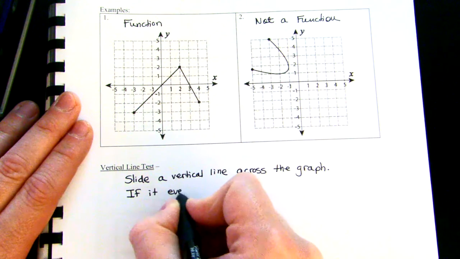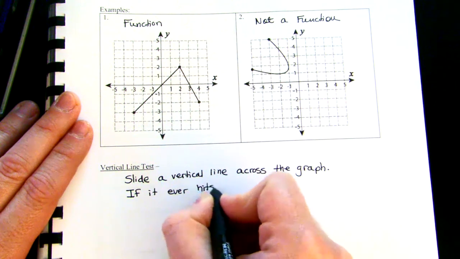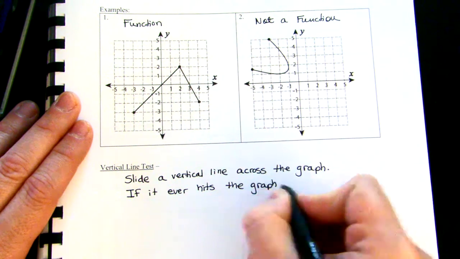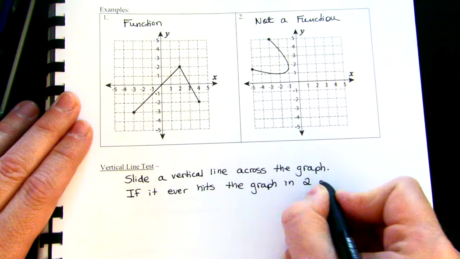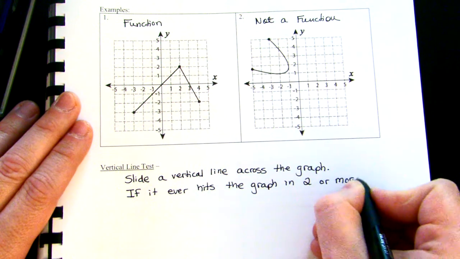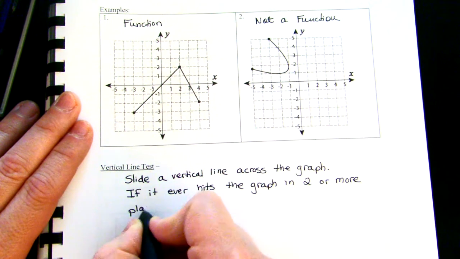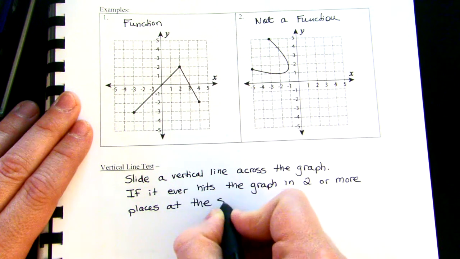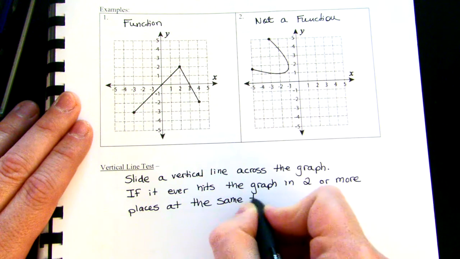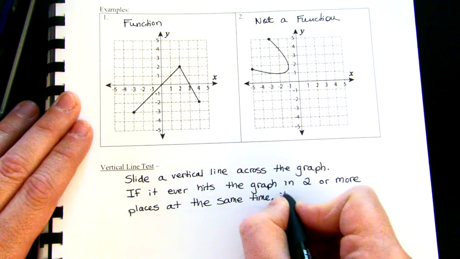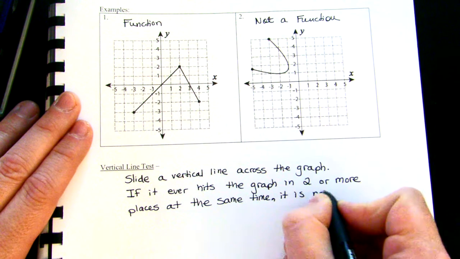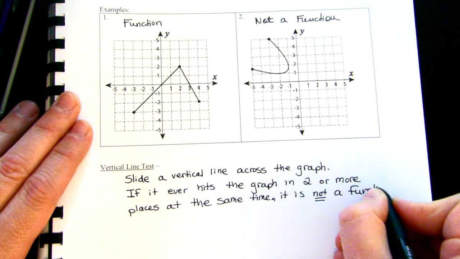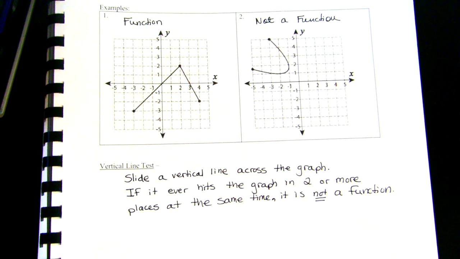If it ever hits the graph in two or more places at the same time, it is not a function. I'll make the video pause so you can get that all copied down.